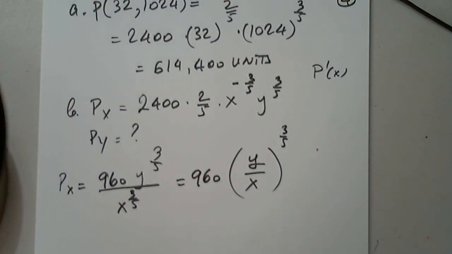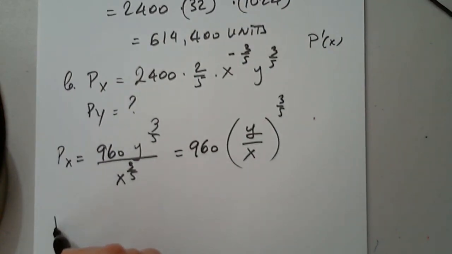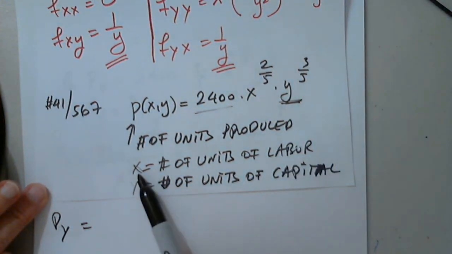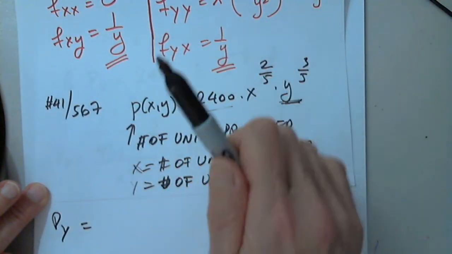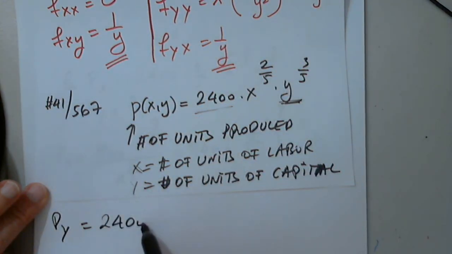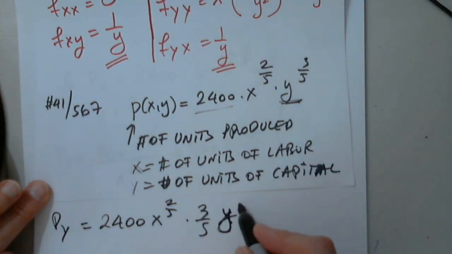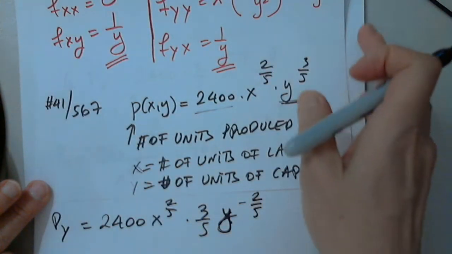Okay, now let's determine P_y. I differentiate the same function, but this time I keep x fixed. So these are done, I copy them. Bring down 3/5. Subtract 1 from 3/5, negative 2/5.